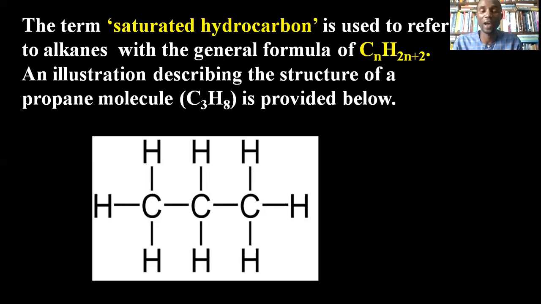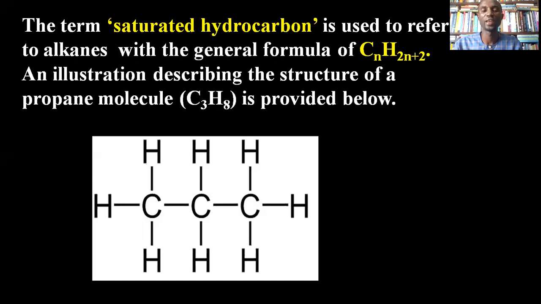Of course, we know that we have haloalkanes, but they are gotten from alkanes. So alkanes are the saturated hydrocarbons, with the general formula CnH2n+2.